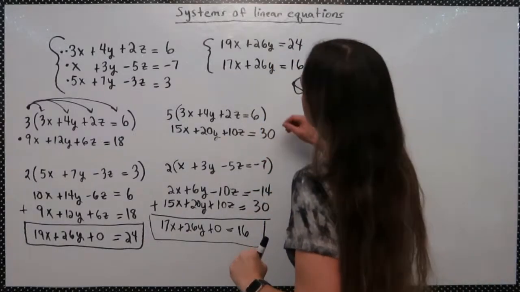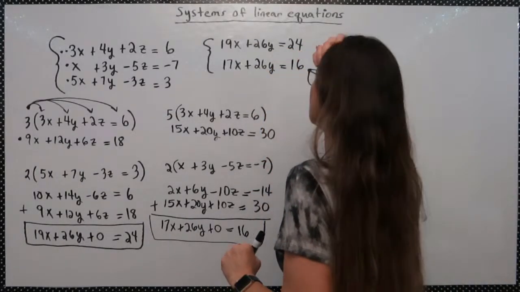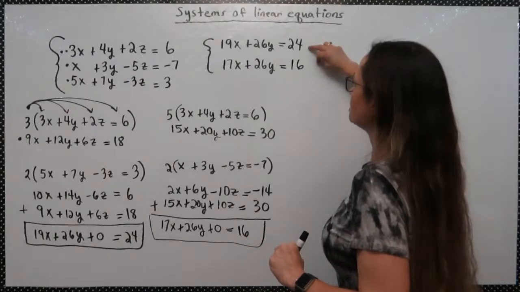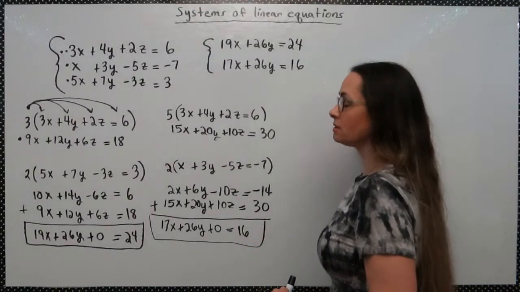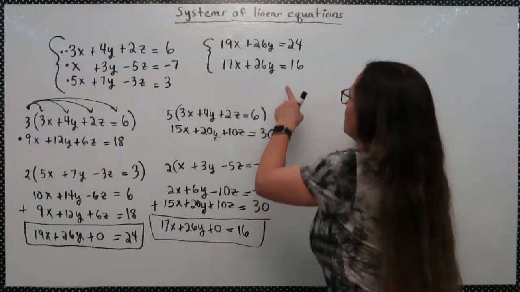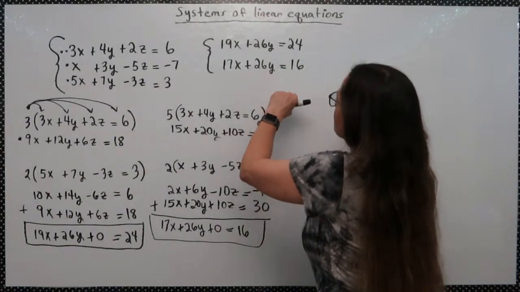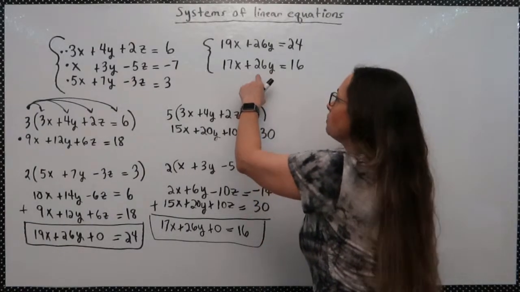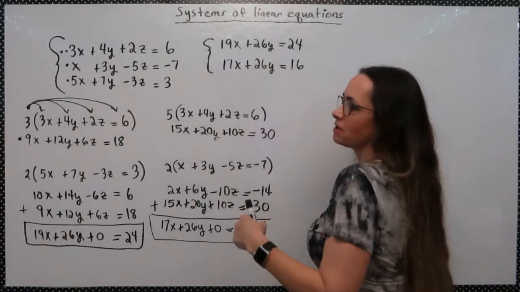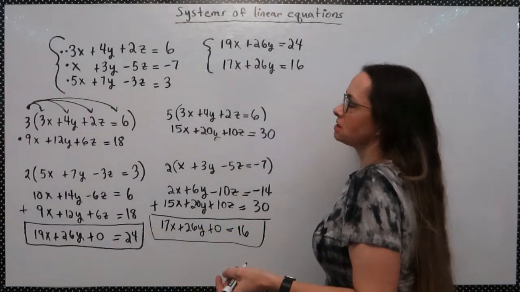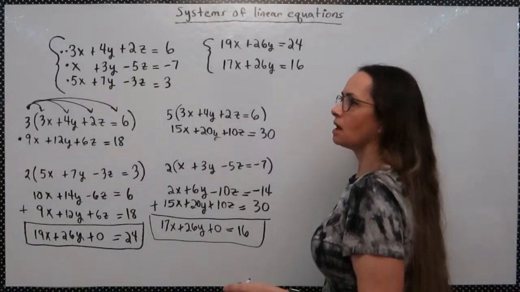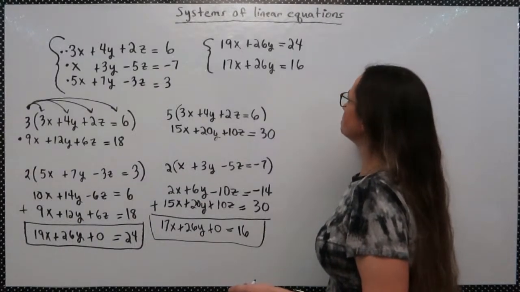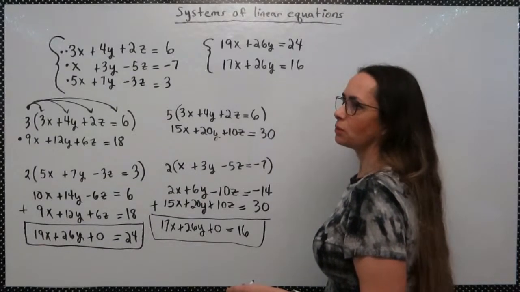I like that because then now I can eliminate y. All I have to do is pick one of these and multiply it by the scalar of -1. And I think I'll do the second one, because when I subtract, it's just easier. 24 minus 16 is more intuitive than 16 minus 24.